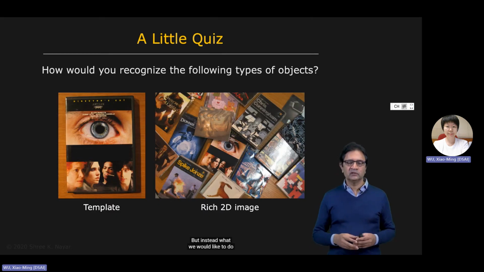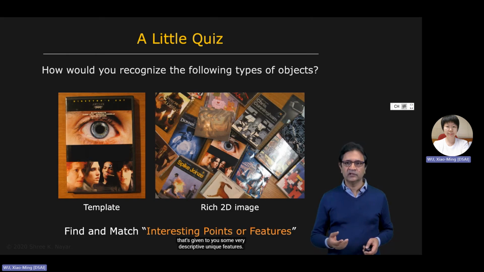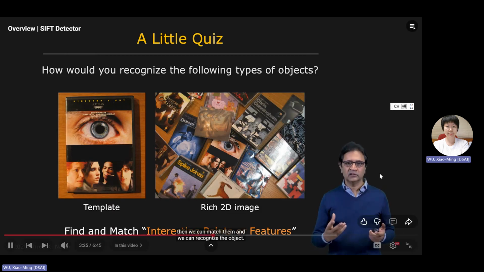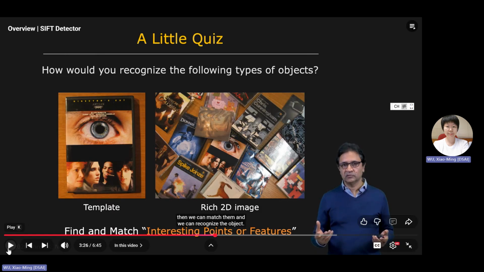But instead, what we would like to do is somehow extract directly from the image that's given to you some very descriptive, unique features. If you can find these features, and if you can find the same features in this image, then we can match them and we can recognize the object. So this is the key idea. We want to find some interesting points or features, some representative, unique feature points from this object.